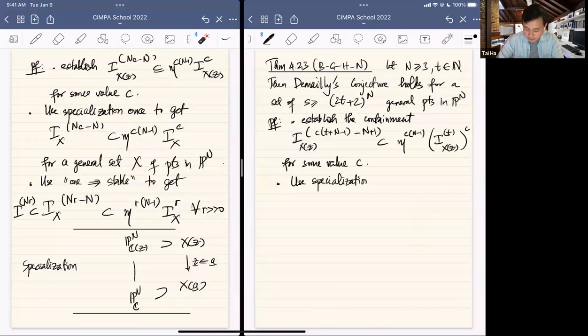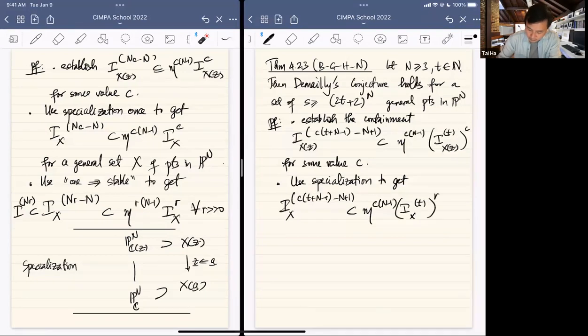Once again, using specialization, there's an open dense subset in the parameter space, so that if you look at specialized points with your parameters inside that open dense subset, then you have the containment. But for short, I'm just writing down the containment and saying that it's true for a general set of points. Using specialization we get the containment I(X)^(ct+n-1)-(n+1) inside m^(c(n-1)) I(X)^t to the power c, for a general set of points X inside P^n.